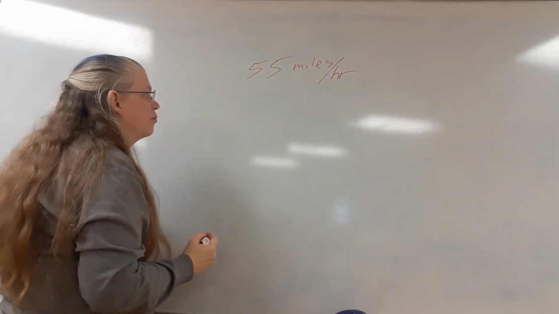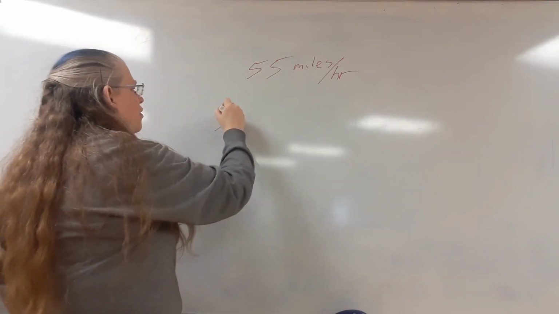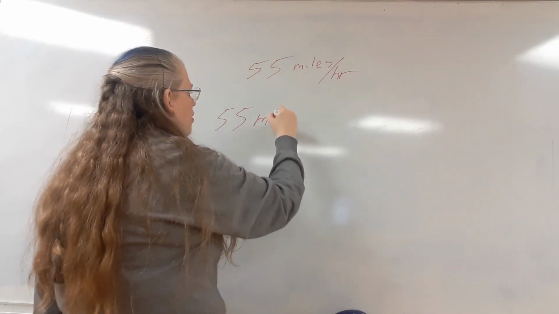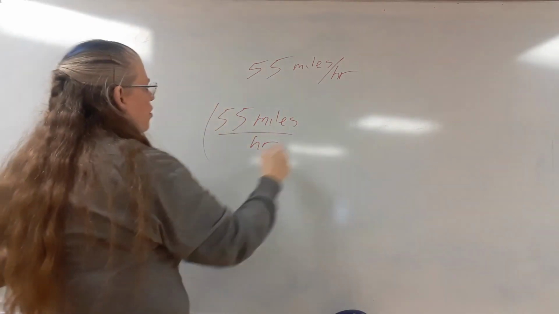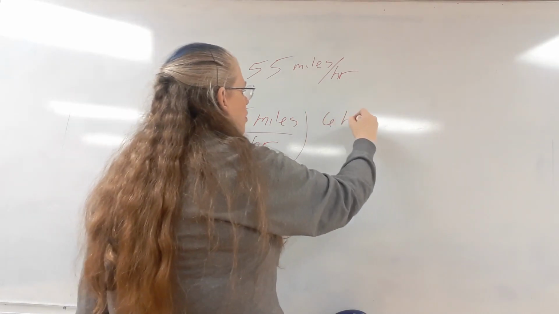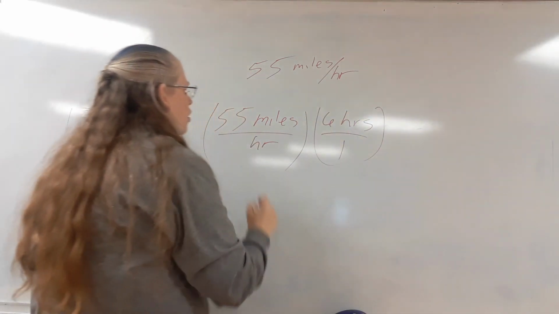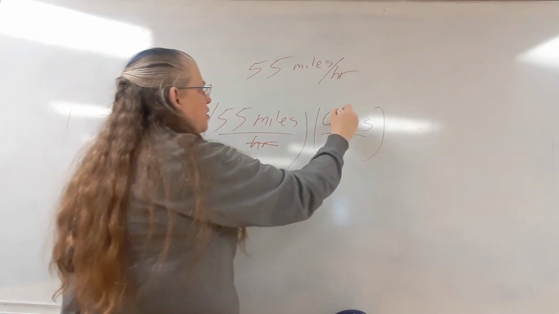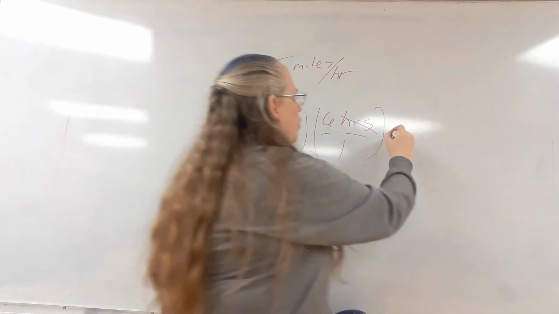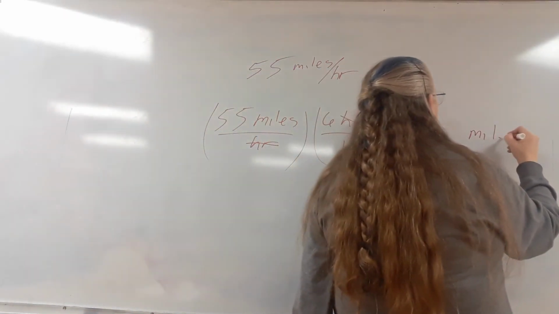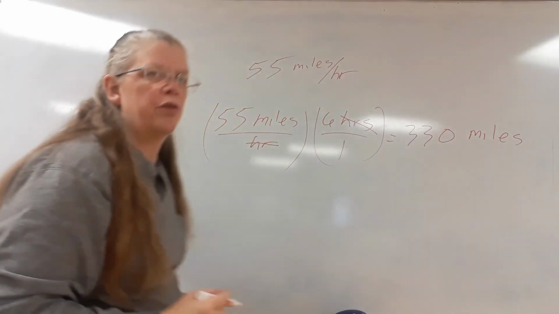For example, if we were driving at 55 miles an hour for 6 hours, the hours would cancel, and we have 55 times 6 and miles left over. So 330 miles.